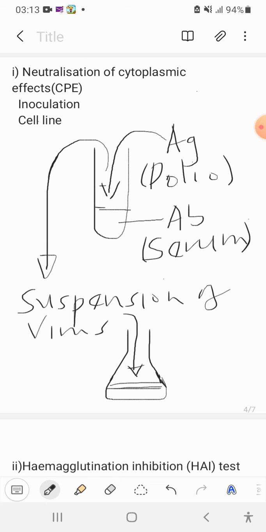But if there is no cytopathic effect, then the serum and the antibody reacted with the polio virus, neutralizing its biological activity. So that is clear again. No cytopathic effect is a positive test. Presence of cytopathic effect is a negative test.